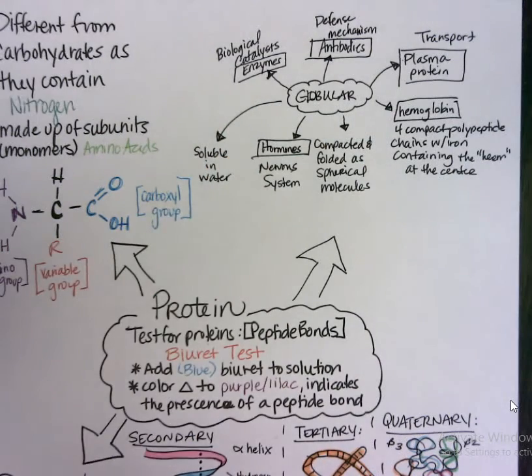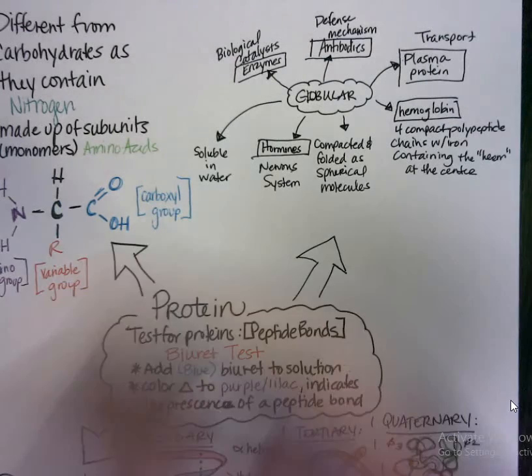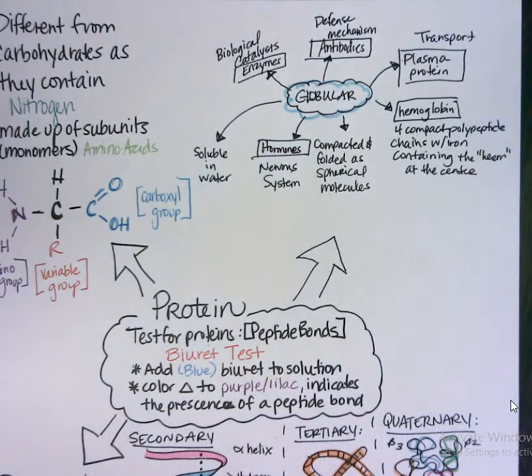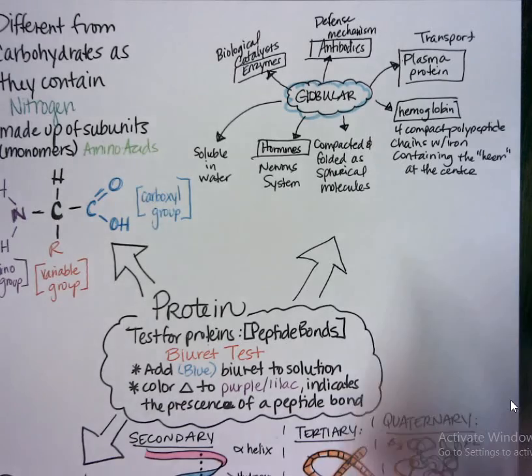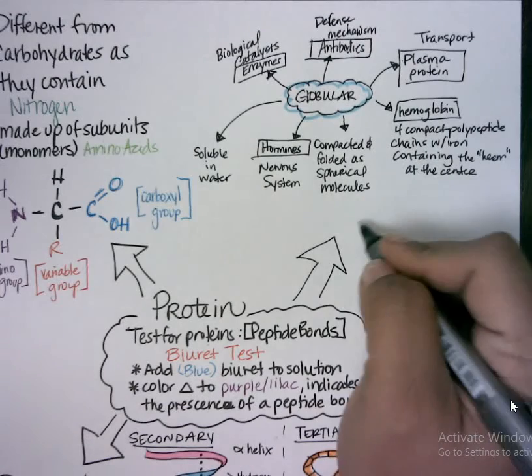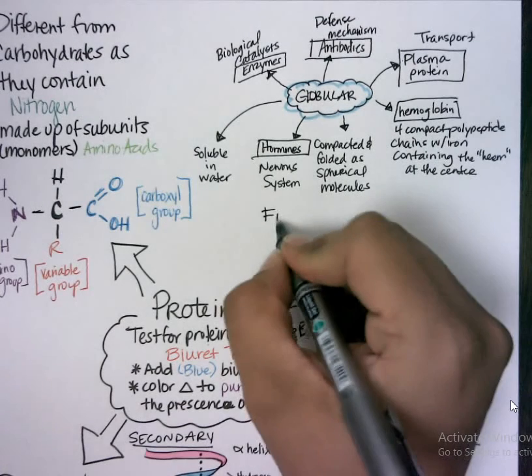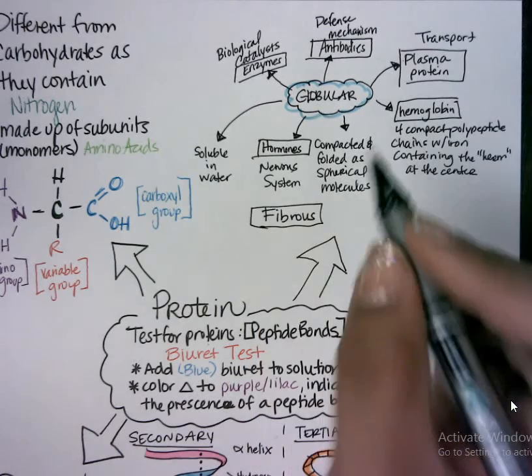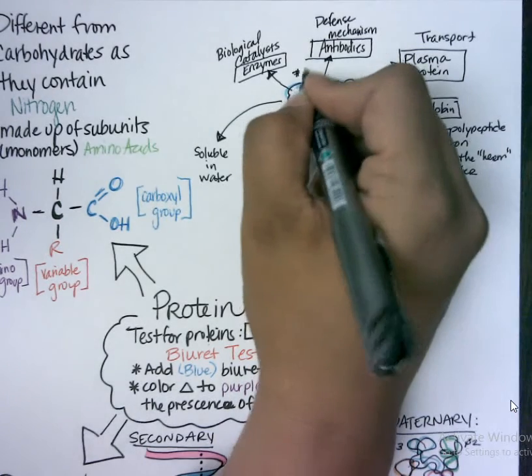So again, we're thinking of a glob of amino acids. Okay, next, if they don't take on a globular role, they'll take on what we call a fibrous role. Okay, so this is type 1, this is type 2.